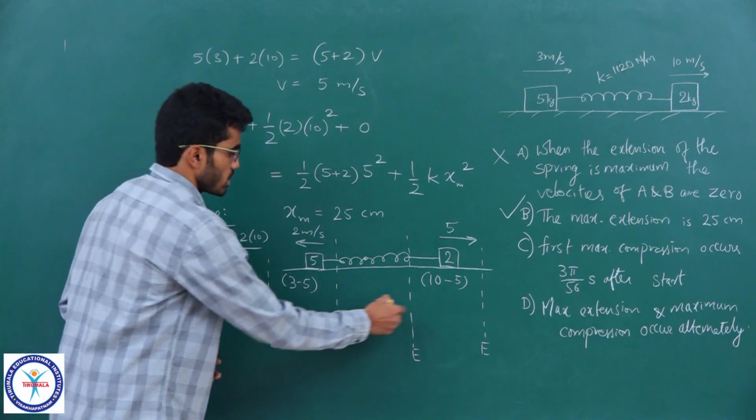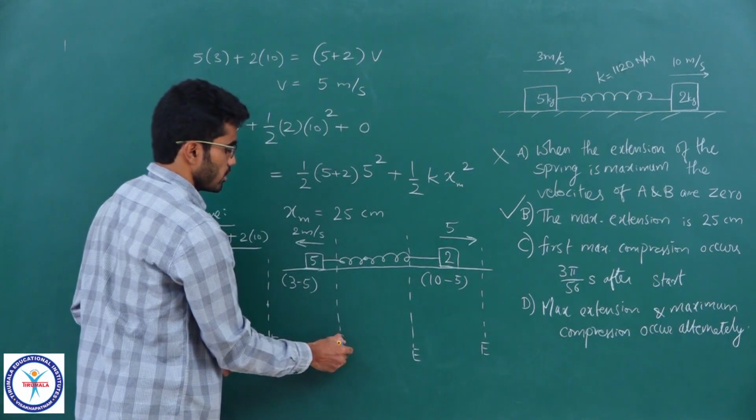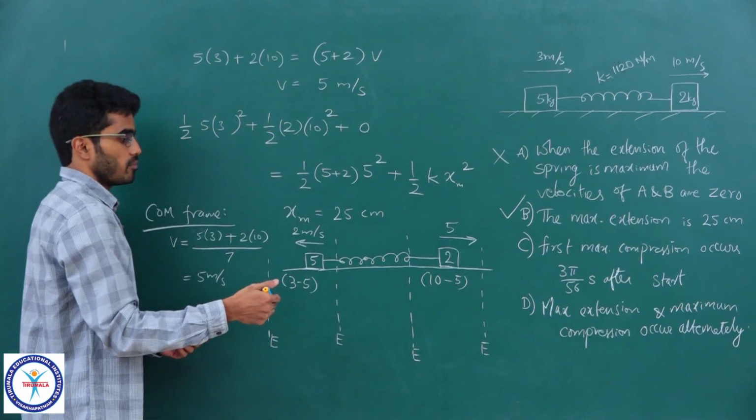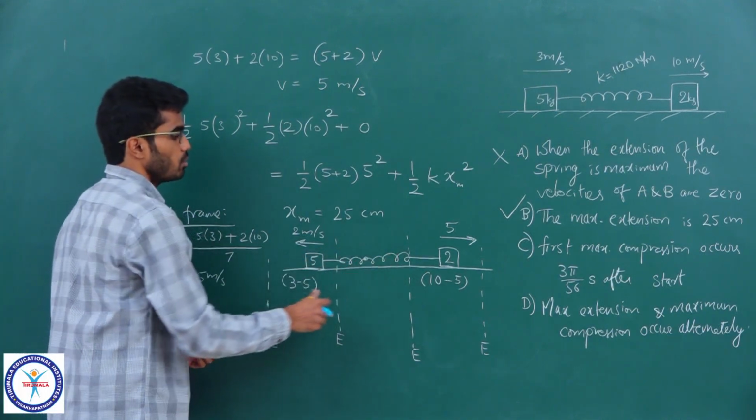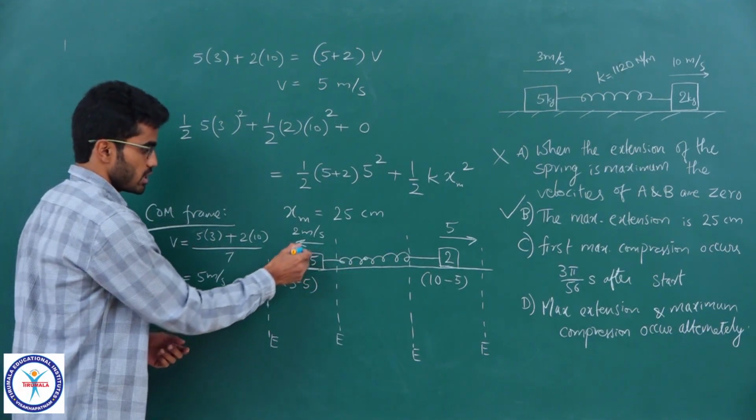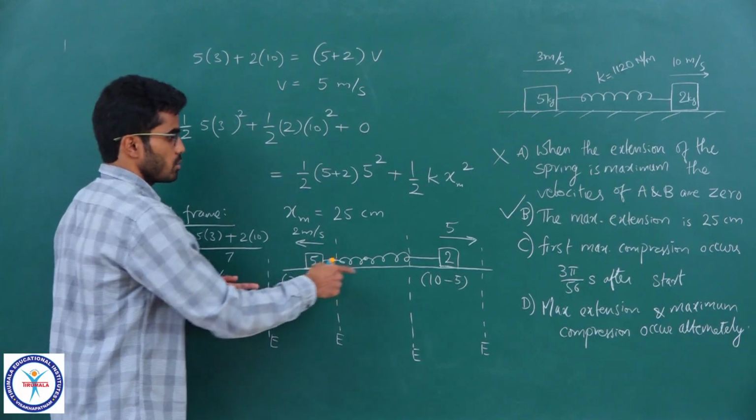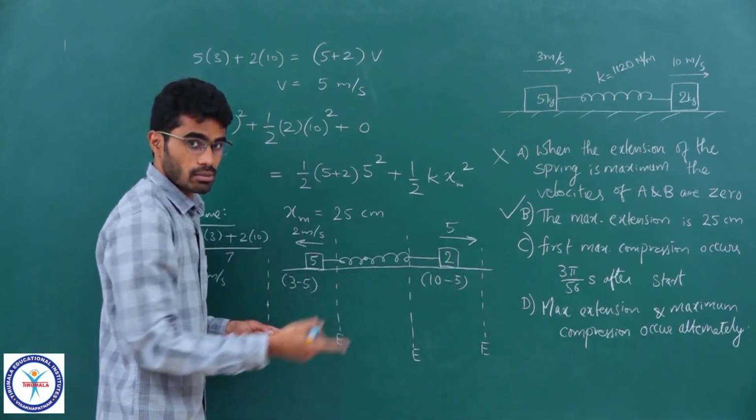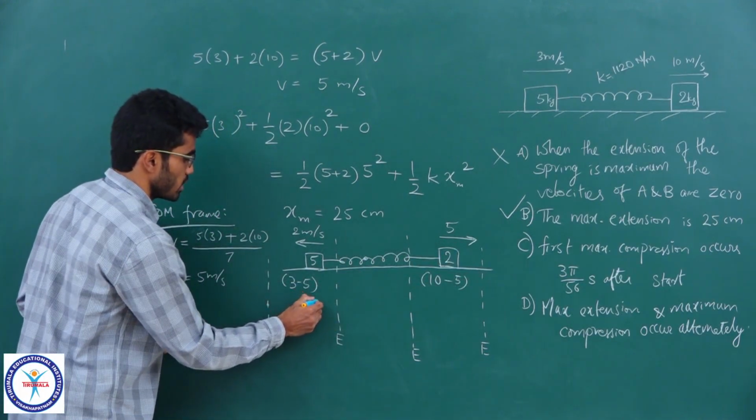When both blocks come towards their extremes, then the spring's compression will be maximum. So, first they should go to the extremes obtained at the maximum elongation position.